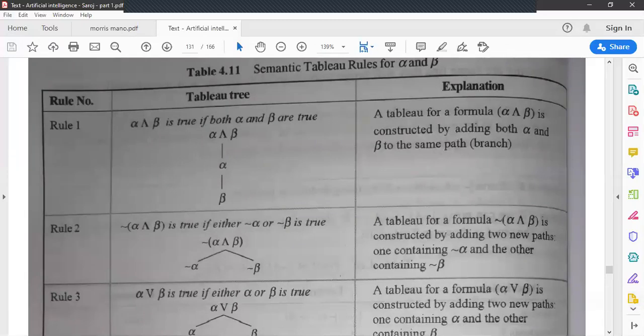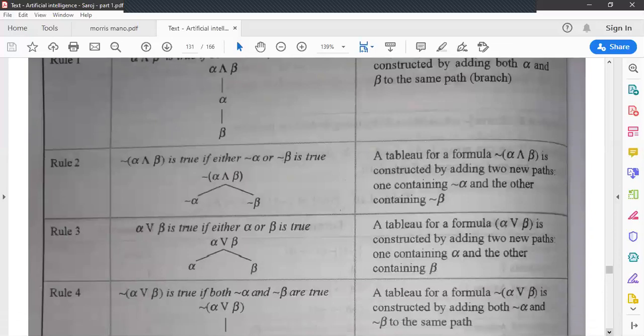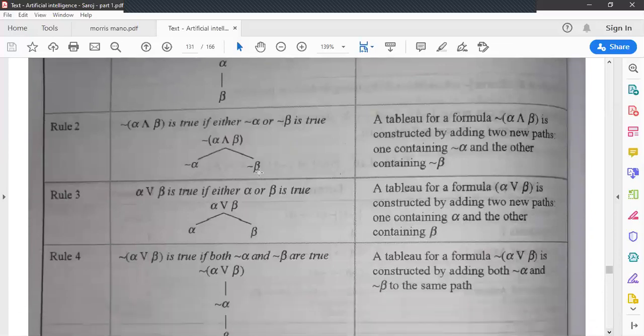Likewise you do for rule number 2. In rule number 2 you have another formula. For different kinds of formulas you have different rules and different ways of putting them in the form of a tree. So not (A and B), you can write this as not A as one successor and not B as another successor.